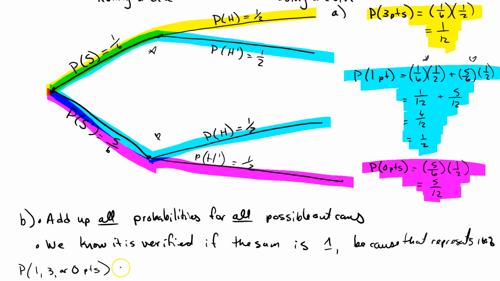So we're going to add them all up. 1/12 plus 1/2, which I'm just going to write as 6/12 because I know that my last one has a common denominator of 12 as well, plus 5/12. 1 plus 6 is 7 plus 5 is 12. So 12 out of 12 times, one of these things is going to happen. Awesome. That simplifies to 1. I think we verified it, folks.